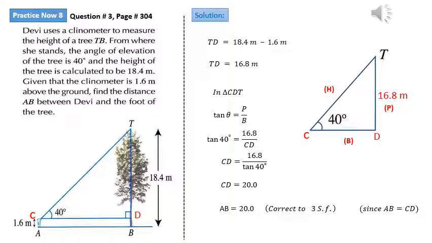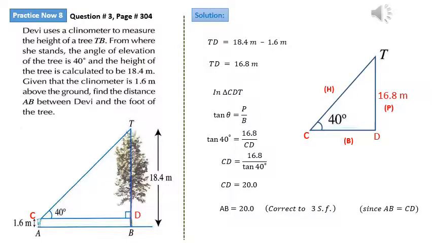Tan 40 degrees is equal to 16.8 over CD. By cross multiplication, CD is equal to 16.8 over tan 40 degrees. By using a calculator, the value of CD is 20.0, correct to 3 significant figures. So the length of AB is 20.0.